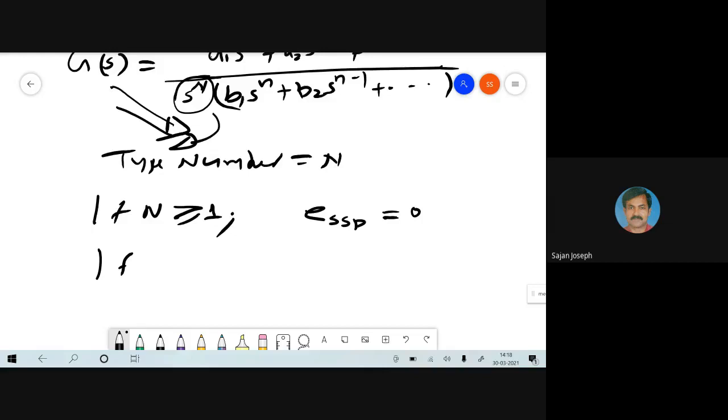Then if n is greater than or equal to 2, the static velocity error will be equal to 0. That means if the feed forward path contains many integrators, then the static velocity error is equal to 0.